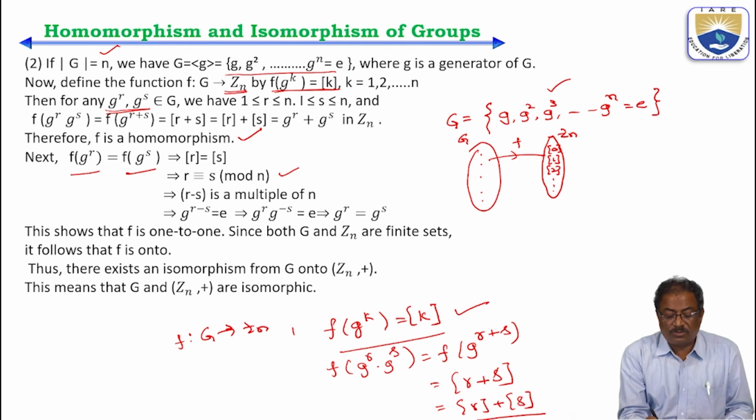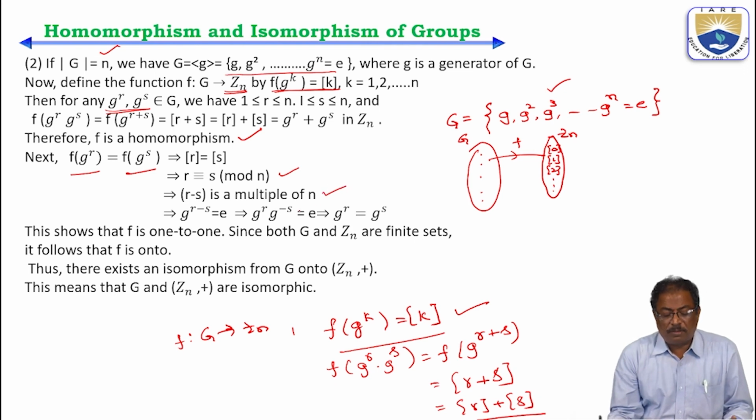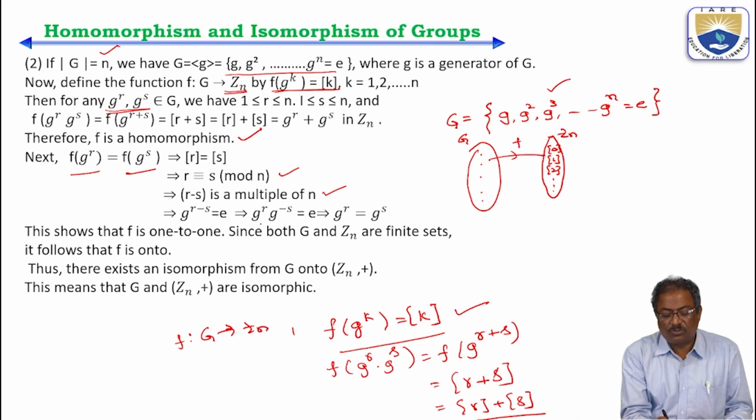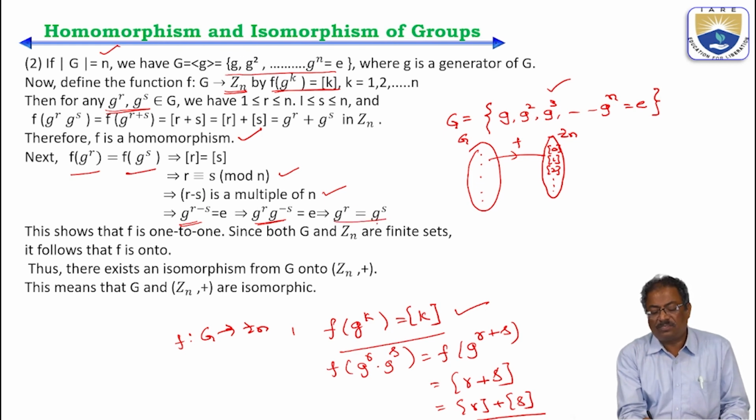Then G power R minus S is equal to E, which gives G power R is equal to G power S. Since the images are the same, the elements are also the same. So it is one-one.